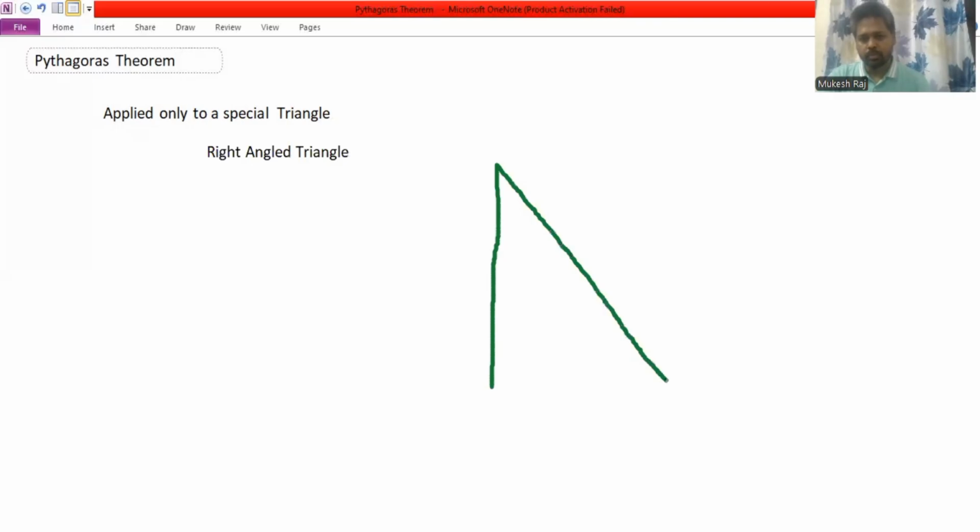Suppose this is the right angled triangle, having a right angle at one of its angles. Let us assume this is the apex angle A, then we have angle B and angle C. Here, angle A is the apex, angle B is the right angle, and angle C is the usual angle.